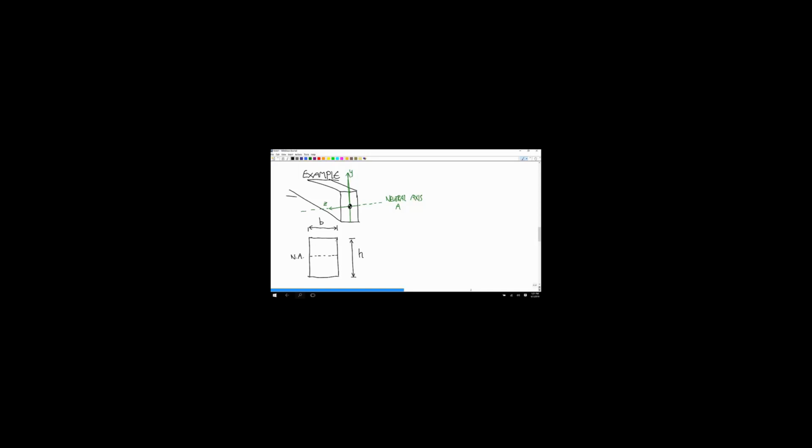To do this integral, look at the integral again. We need to divide this cross-sectional shape up into infinitesimal pieces dA, little infinitesimal areas. And in order for us to calculate this integral, each one of these dAs has to be made up of all points that are the same distance or have the same value of y.